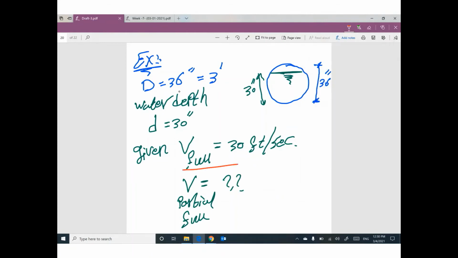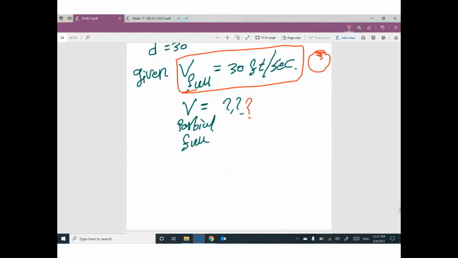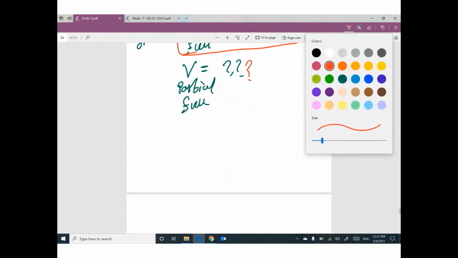This given velocity is assumed if this pipe is full. This is not the case. The case is that this pipe is not full. So what is the velocity for this case? It's very easy. We have 3 steps.